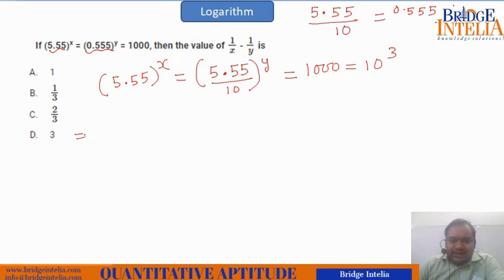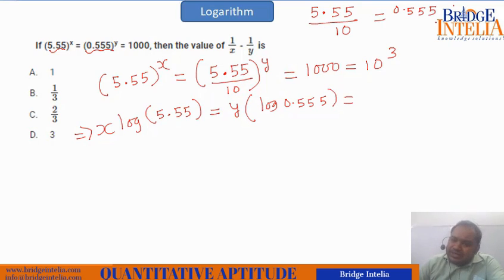So now let's take log at both these sides. I can say that x log 5.55 is equal to y log 0.555 is equal to 3, because if you take log here, it will come out to be 3, log of 1000.